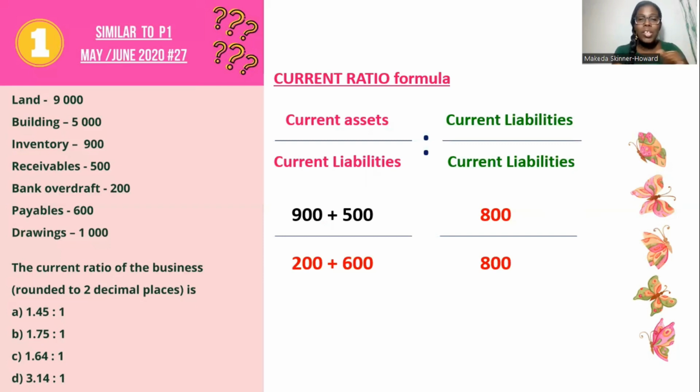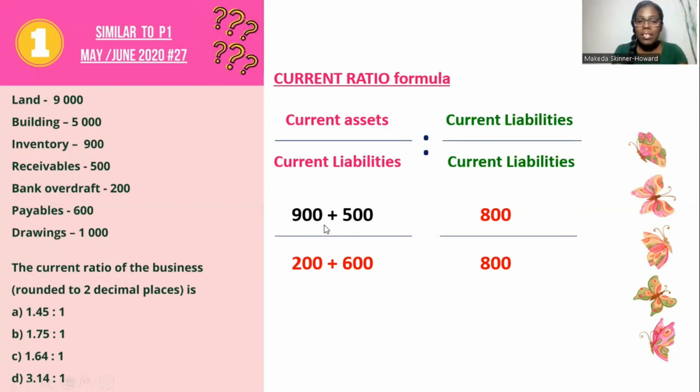Based on the information that we have, we only have 2 current assets and 2 current liabilities. And our first current asset is inventory. The other one is receivables. And our 2 current liabilities are the bank overdraft and the payables. The rest of the information is just there to confuse you. So you really have to know what you're doing.